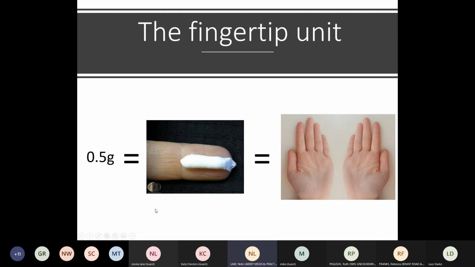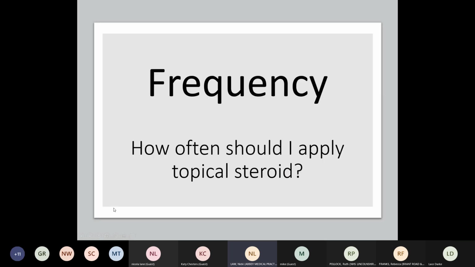And 1 fingertip unit is 0.5 gram of steroid cream. All the steroid cream tubes have nozzles that are basically the same size. So when you squeeze them out, if you do this amount, you get 0.5 gram, and that will treat 2 palms worth. So that's another way that you can think in your head, well, what size of area am I treating, about how many hands worth is that, and making sure that you're giving the appropriate quantity of topical steroid.